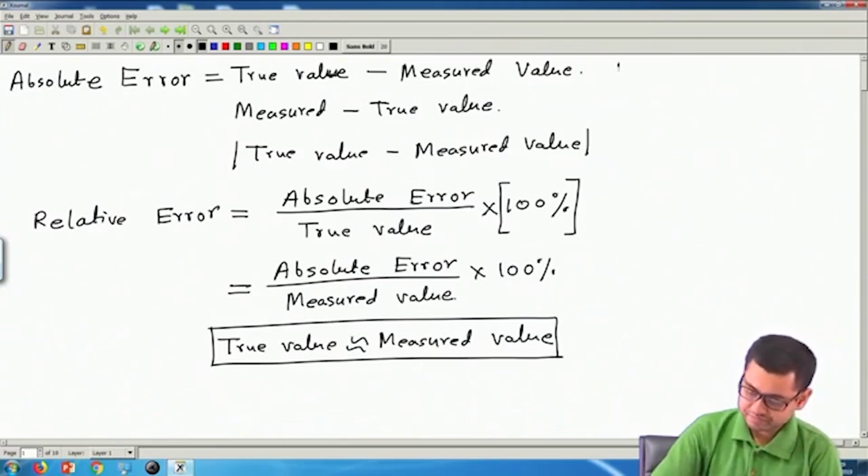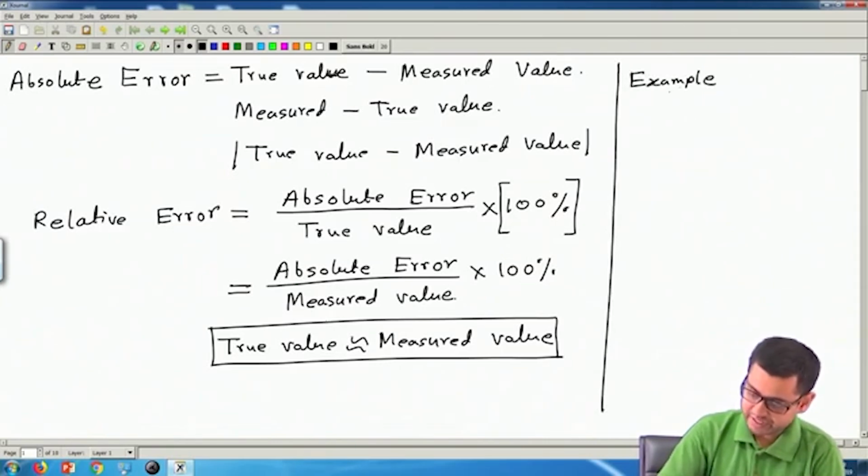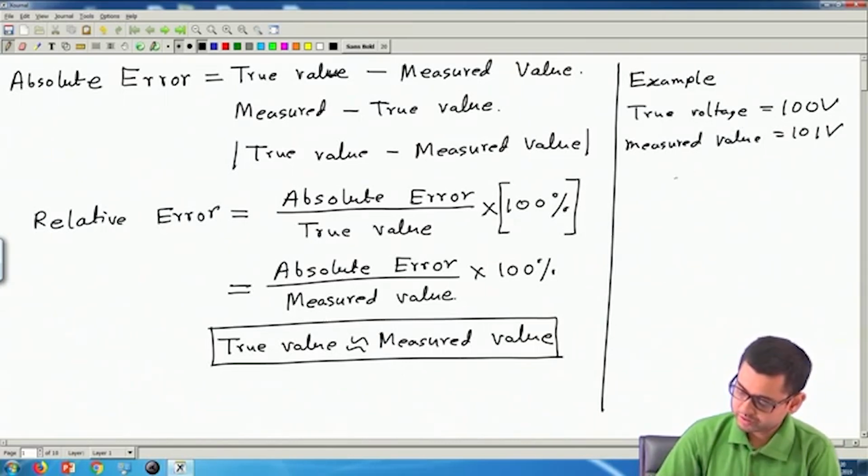For example, if the true voltage in a circuit is 100 volt and the measured value is 101 volt, then the relative error has absolute error of 1 volt.